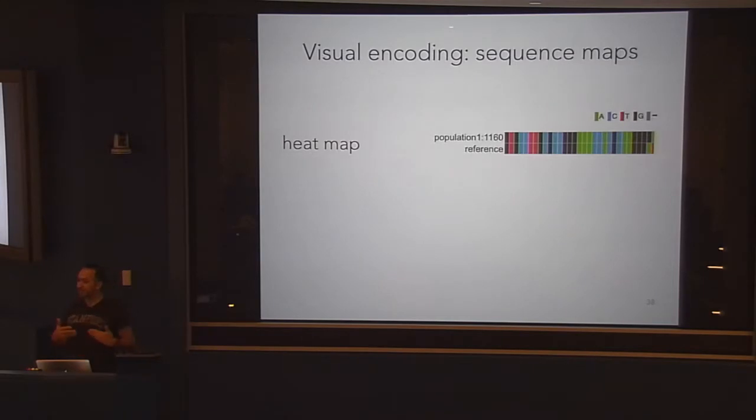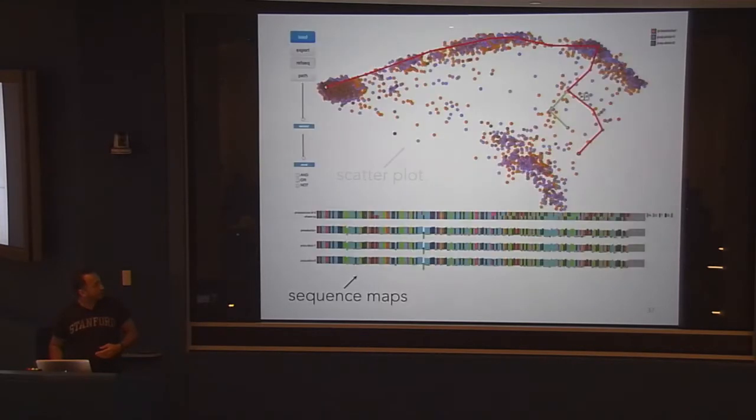In this heat map, the reference doesn't change. Let me see if I can point here. The reference sequence is the circle filled with white color.